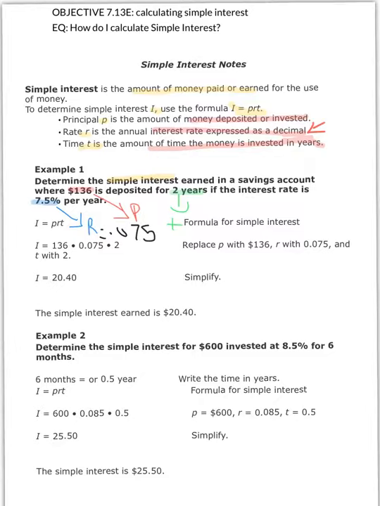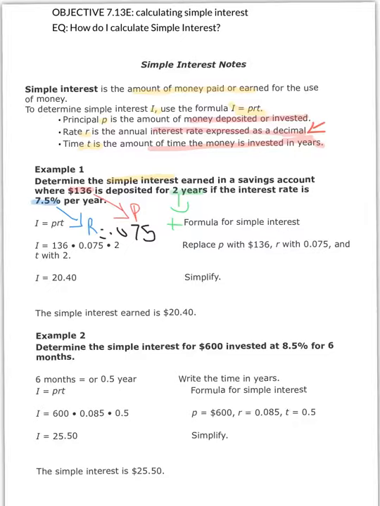Now let's look at what the rest of the question says. Your first step is to write down the formula after you label each number in the question. So write the formula I equals PRT. Then replace the P with the principal, 136. Replace the R with the rate, 7.5%, but remember, you have to move that decimal over twice to make it an actual decimal and not a percent.